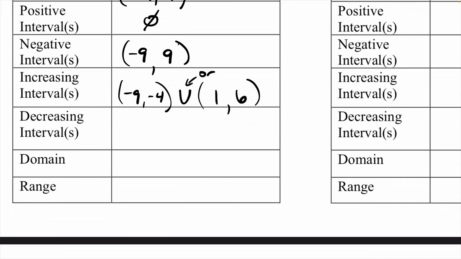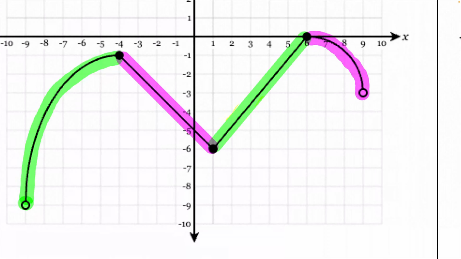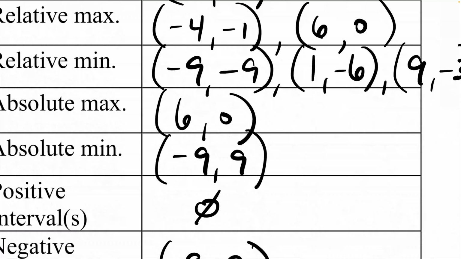Now let's go decreasing. So when did I start decreasing? Which x value? -4. And when did I stop? 1. There we go. So we got -4 to 1. Let's go write that down.